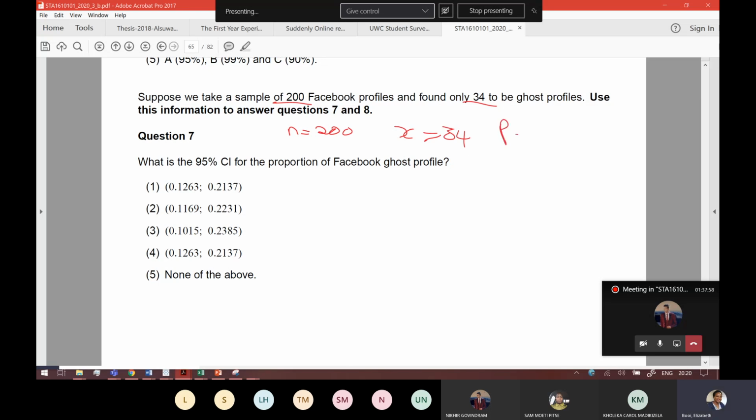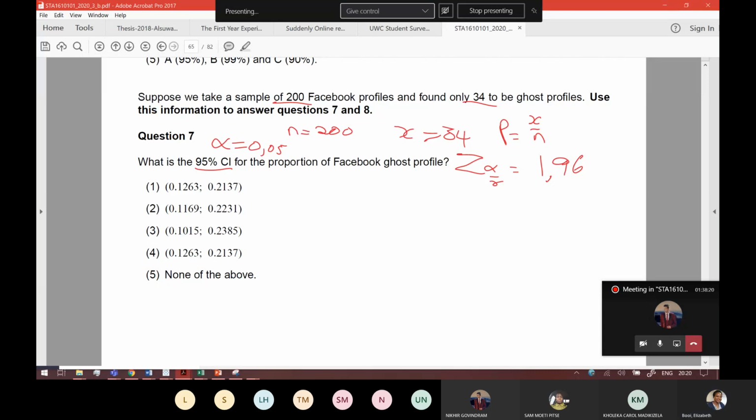You just need to calculate your p, which is x over n. They've given you your 95% confidence interval. Therefore, you know what your alpha value is. It's 0.05. Since you're going to find the critical value of alpha divided by 2, which is always 1.96.